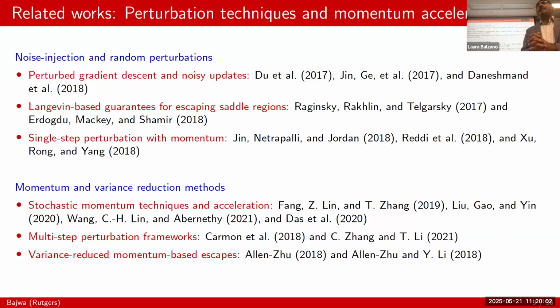Even a question as simple, and we don't have a full answer to that, right? But even a question as simple as, so we know that, for example, Nesterov's method will converge faster than gradient descent, right? What about escape? Does it escape faster also?